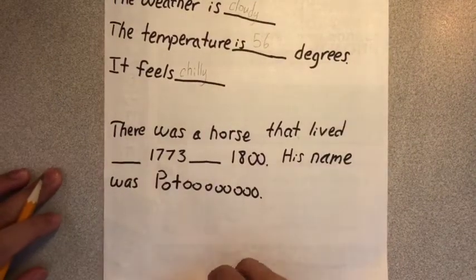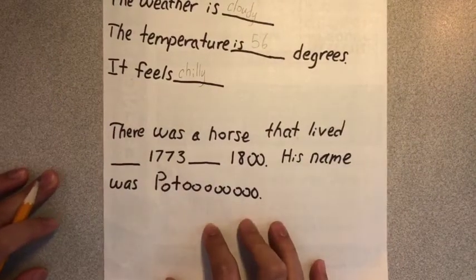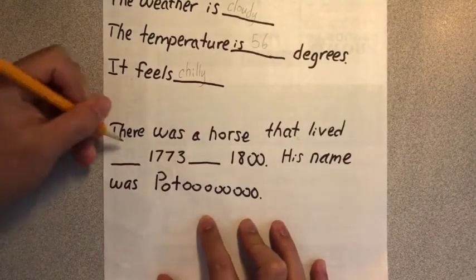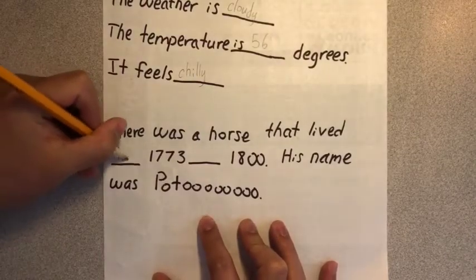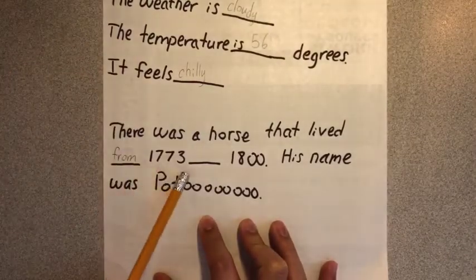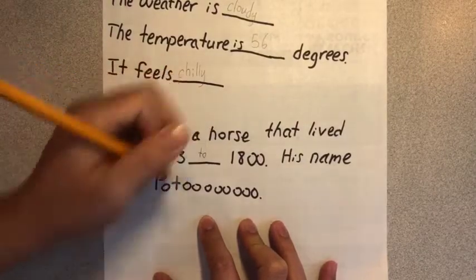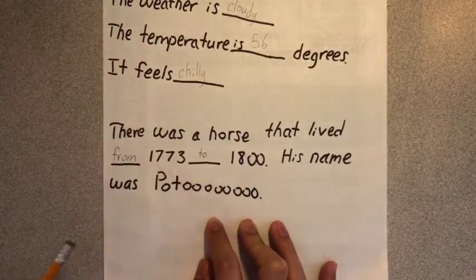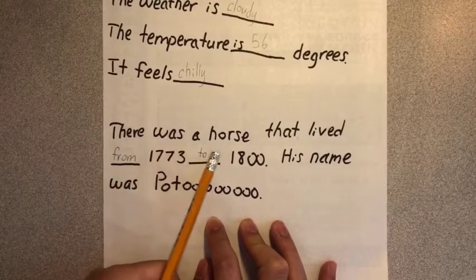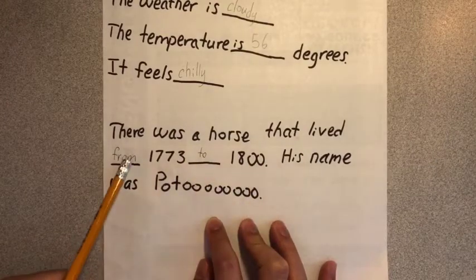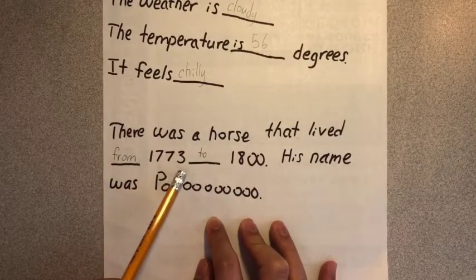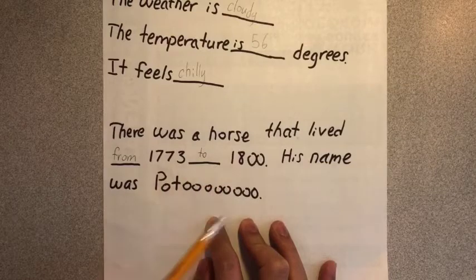What time words do we use? We use from 1773 to 1800. There was a horse that lived from 1773 to 1800.